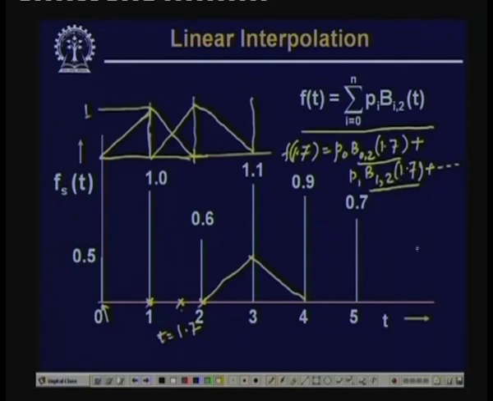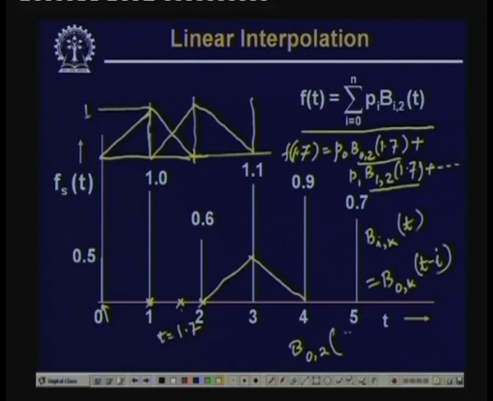And in this particular case, we have seen a property of this B spline function, that is, we have said earlier that b I k t is nothing but b 0 k into t minus I. So, that is a property of these B spline functions. So, when I do this, you find that b 1 to 1.7 is nothing but b 0 to, because this is t minus I and the value of I is equal to 1.